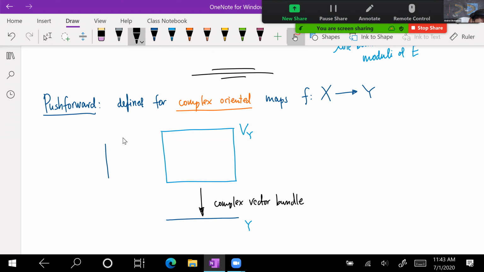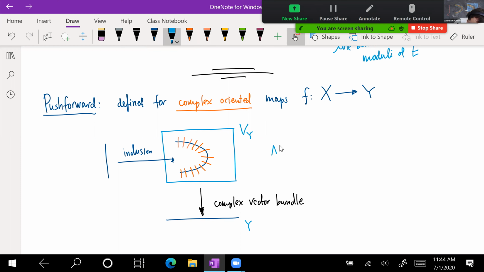And then we would like an inclusion such that the normal bundle to the inclusion is also a complex vector bundle.